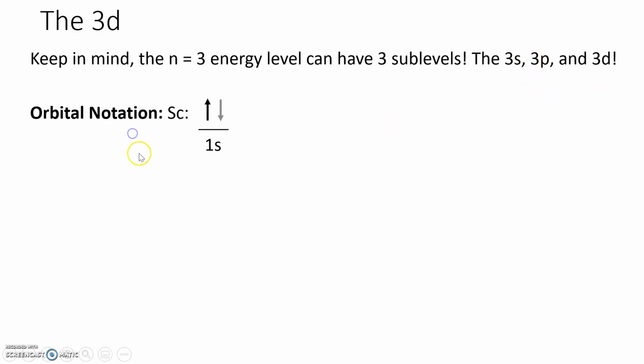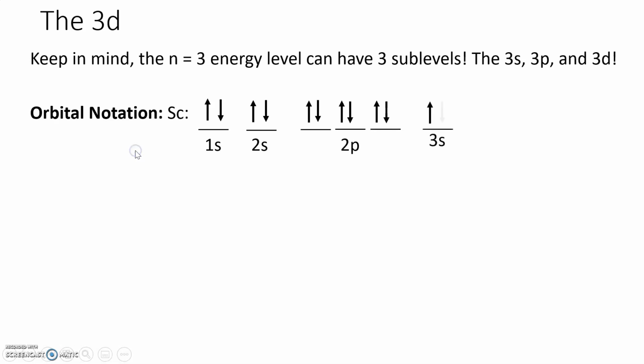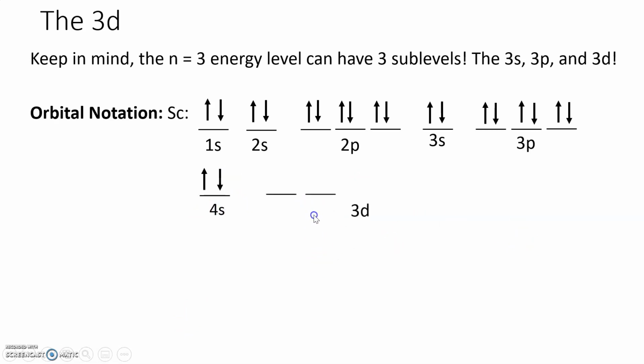So orbital notation for scandium, that's the first element in 3d. We work our way through the first and second energy levels, fill up the 3s, fill up the 3p. We even open up the 4s. So we've gone to the fourth energy level, but then we come back to the 3d.